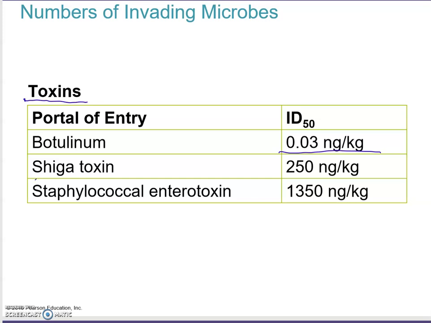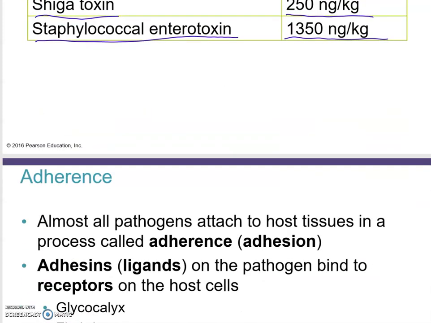Shiga toxin, also pretty toxic, 250 nanograms per kilogram. By contrast, staphylococcal enterotoxin, it would take 1,350 nanograms per kilogram. So these are just some examples, but botulinum toxin, Botox, ultra toxic.